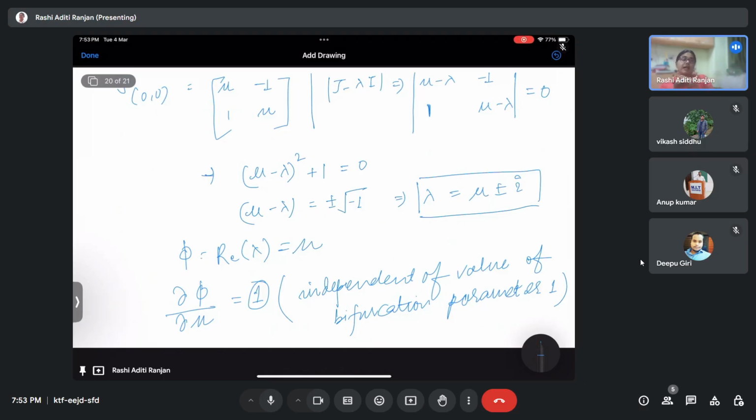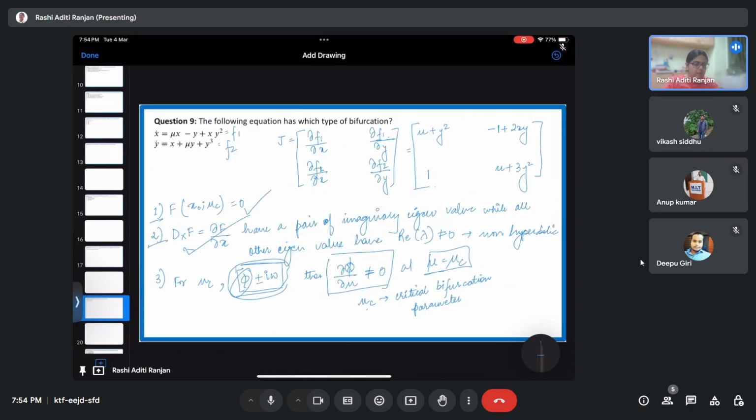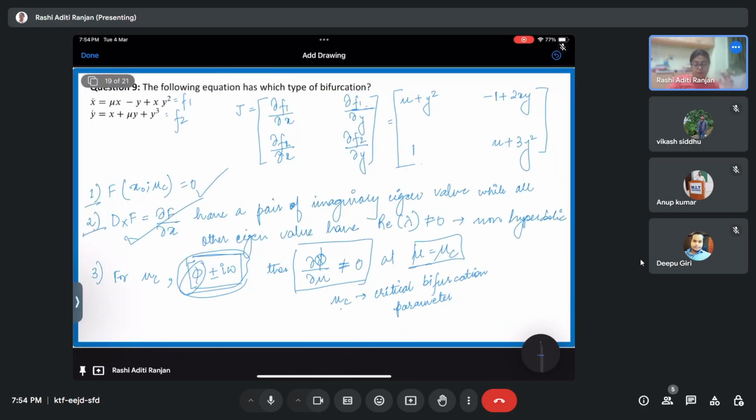If there are 3 or 4 critical values of the bifurcation parameter, for all those critical values it is always going to be 1. It is never going to be equal to 0 because it does not depend upon the parameter mu. Okay, so now if I talk about the third condition, you see it is also satisfied.